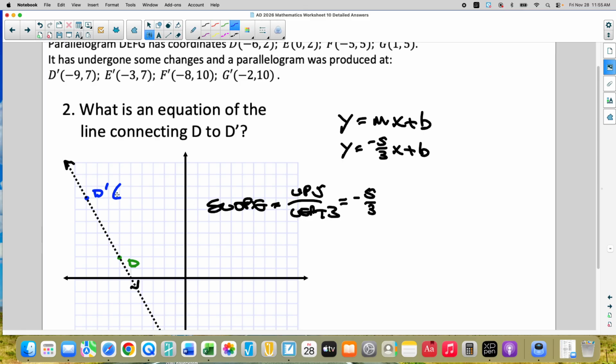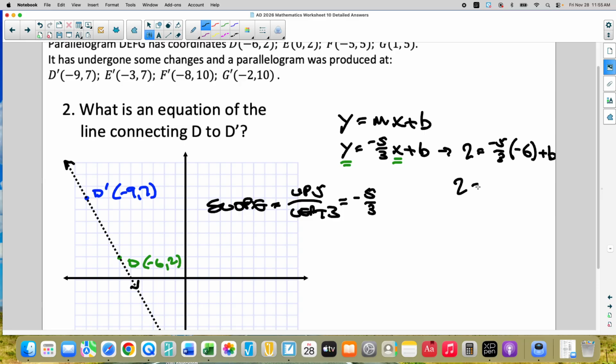Or I can take a point and plug it in, because I know that D prime is negative 9, 7, and I know that D is negative 6, 2, and I can plug it in for the x and y and solve for b. I would have b by itself. So let's take D. My y value is 2 equals negative 5/3, and then I get negative 6 for my x value plus b.